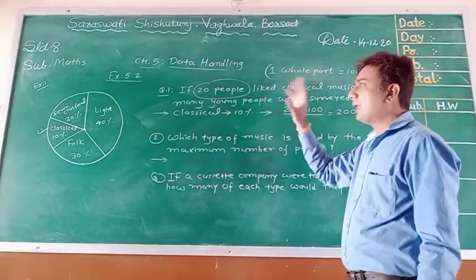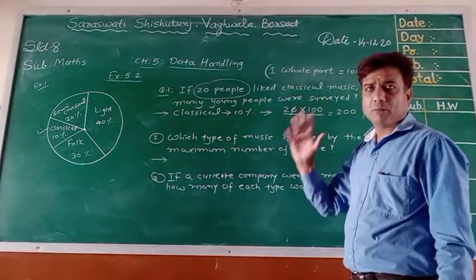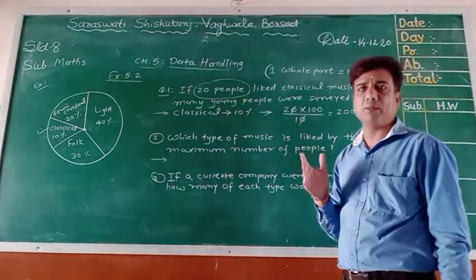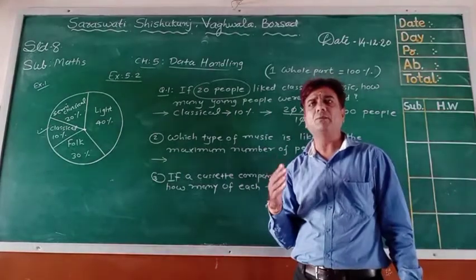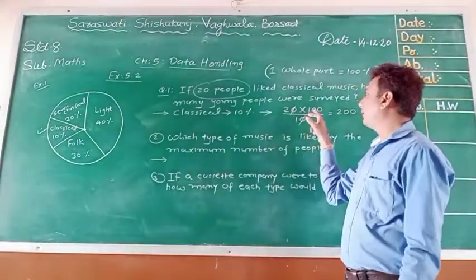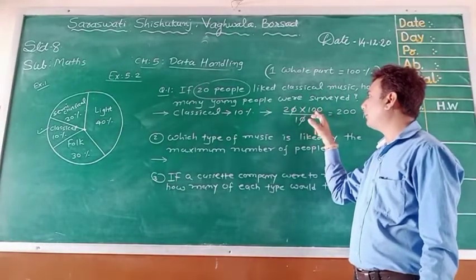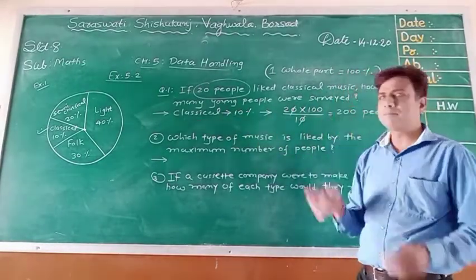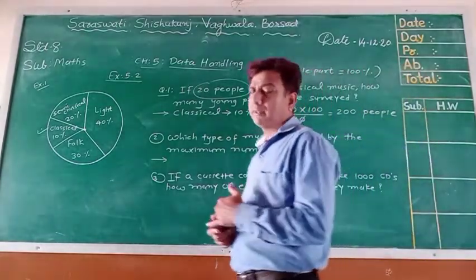So how many people did they survey in total? We have to find the original count. Whenever we have to find the original count, we write 100 percent on the upper side, and the given percentage on the lower side. This will come in our next chapter, comparing quantities.